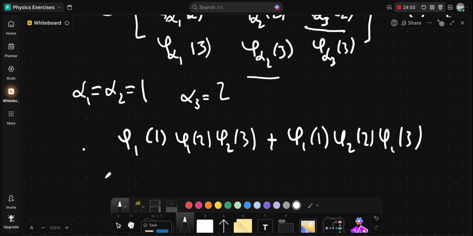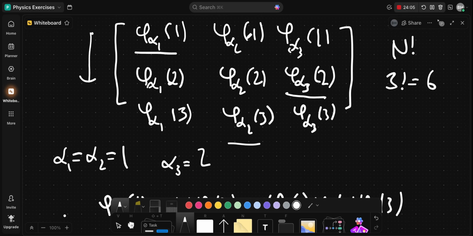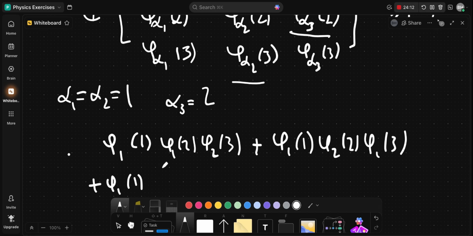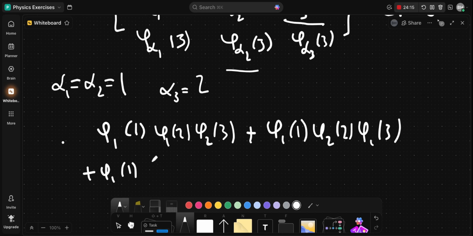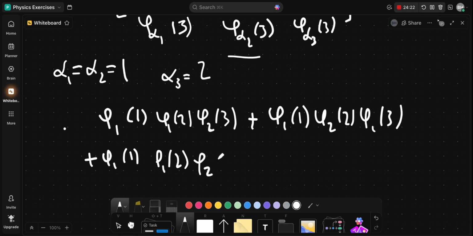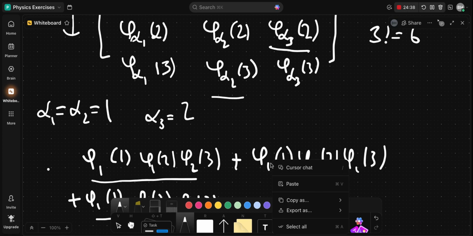Let's keep going. If I go up here, I have alpha 2 is 1, so again I have a phi 1, 1. Here I have a phi 1, 2, phi 1, 2, multiplied by phi 2, 3, phi 2, 3. But notice this term is the same as this term. So this is, in this sense, redundant. Then you keep going and figure out the other terms, just like you would in an ordinary determinant.